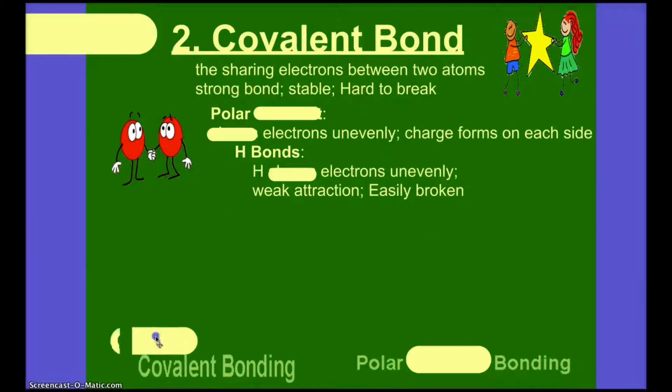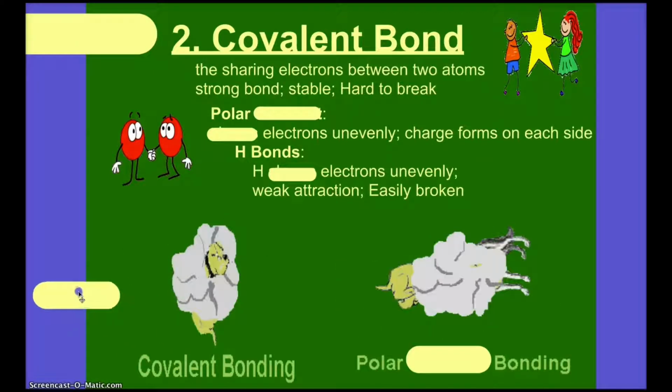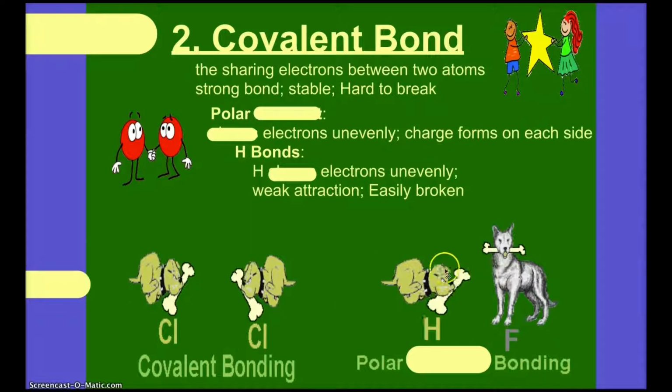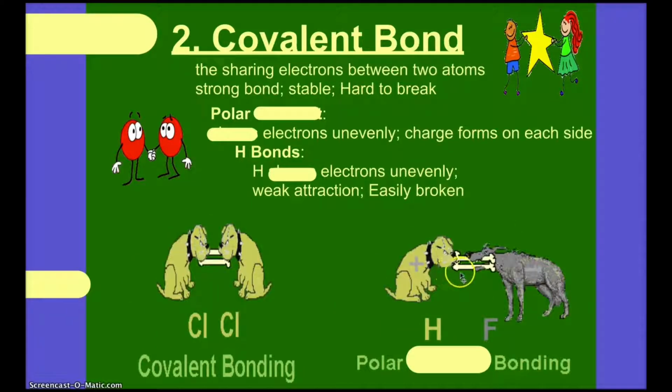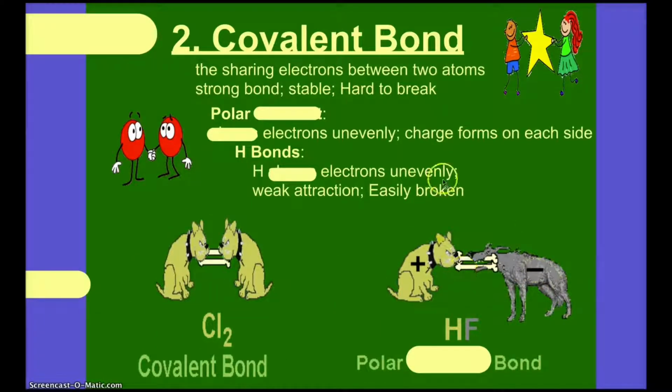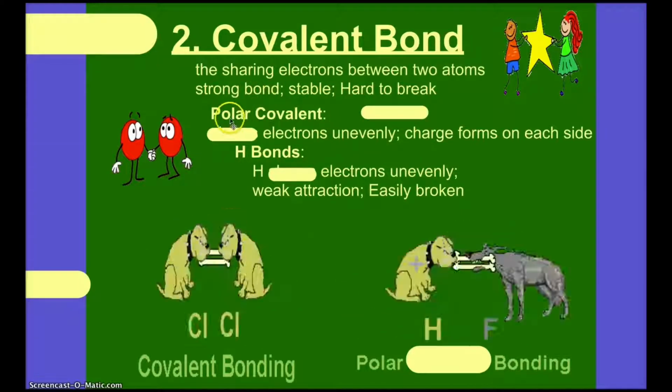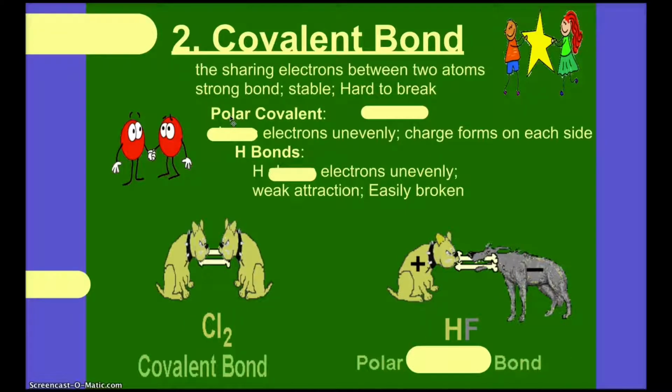This right here is a picture of a perfect covalent bond, a perfect sharing of electrons. Sometimes, look what's happening here. There's a pull on one end. So one guy has the bone, the other guy's sharing, but one is pulling stronger. This is what's called a polar covalent bond. Electrons, since we see the word covalent, what do we know is happening between the atoms?